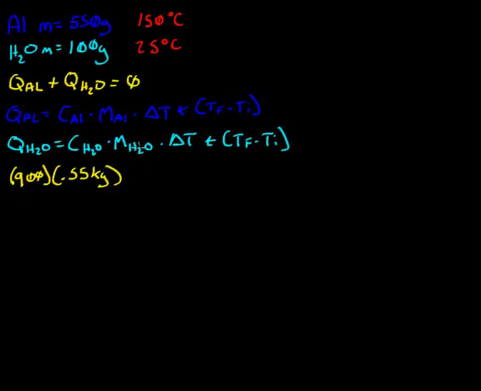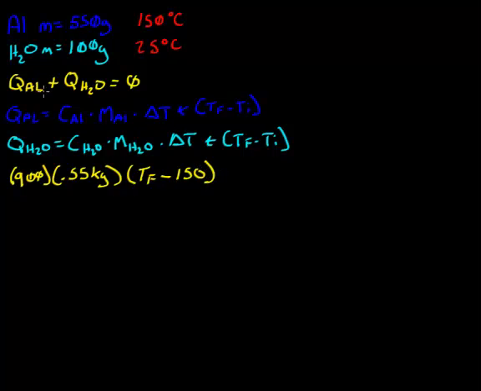Then we multiply it times the change in temperature, which is TF minus T initial. Now we don't know what the equilibrium is going to be, but that's going to be TF. So that's TF minus the temperature initial of the aluminum, and we know that's 150 degrees Celsius. So put 150.